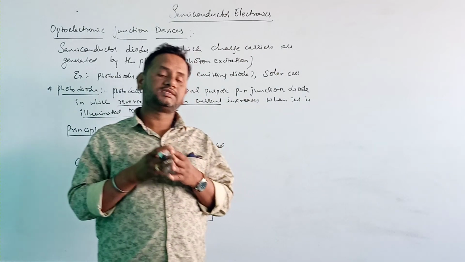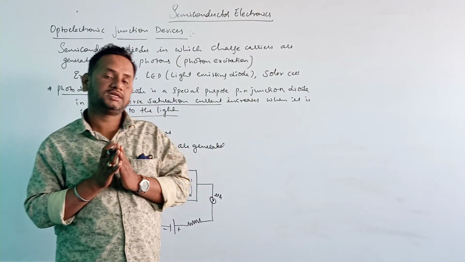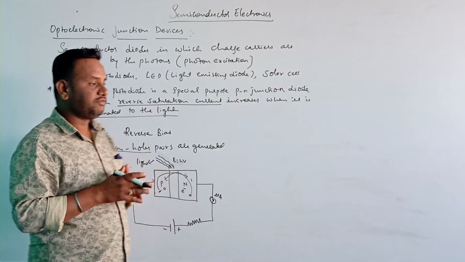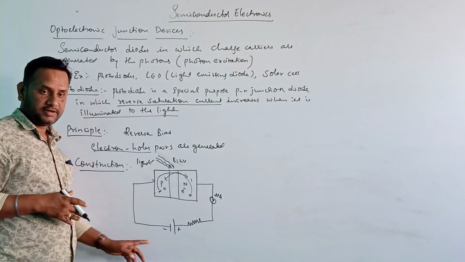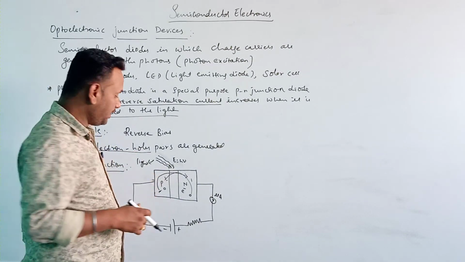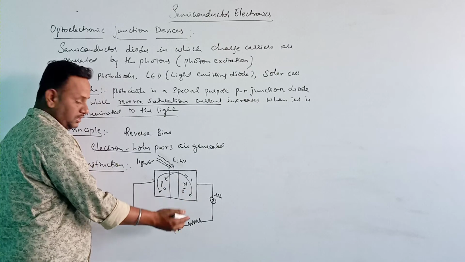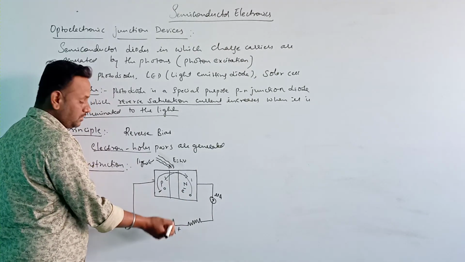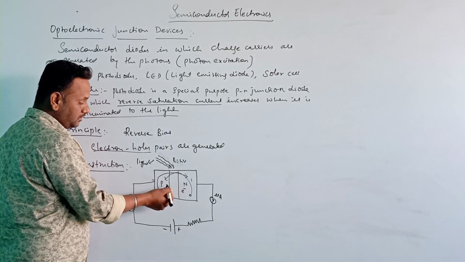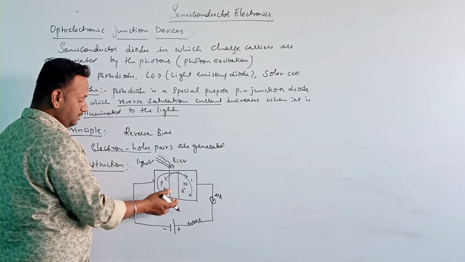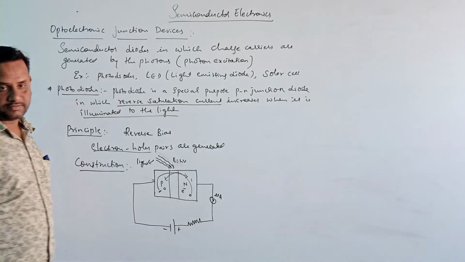So all these electron hole pair charge carriers will get recombined, and due to which there will be an increase in the current. Due to the electric field applied at the junction, when the charge carriers recombine, there will be some increase in the current.